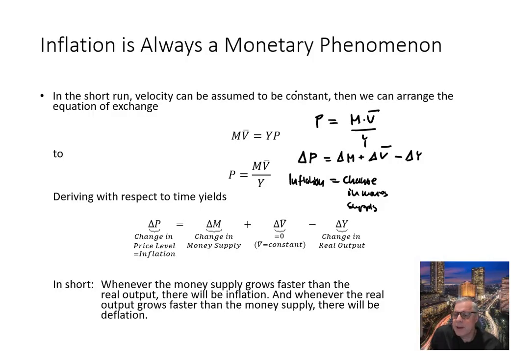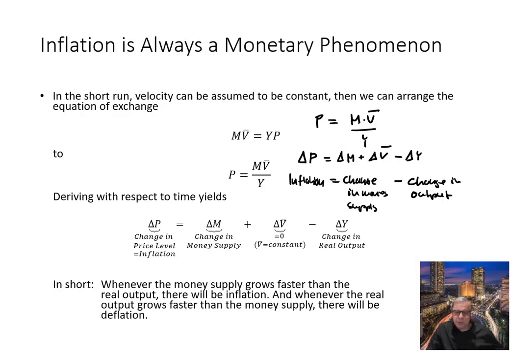And minus delta Y, so that is the change in output. Okay, so now we can see we always have inflation when the change in the money supply is greater than the change in output. And likewise, if the change in output were greater than the change in the money supply, then we had deflation. And that is what you basically see here.